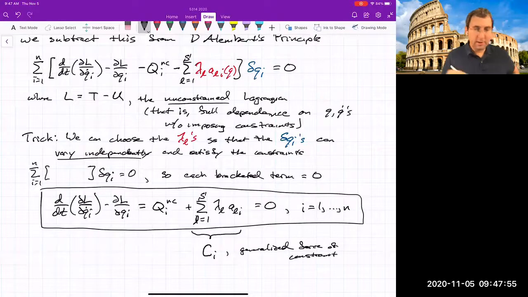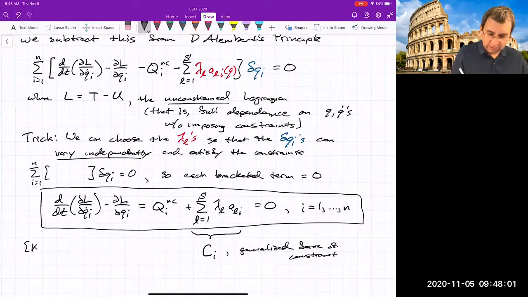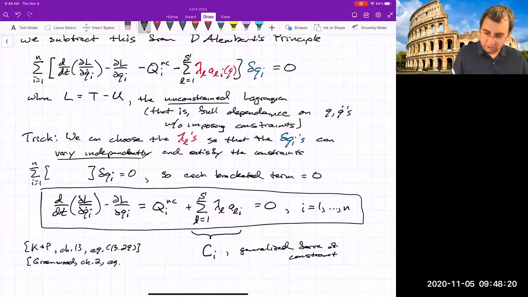If you're wondering where this is, you can see it in two different places: in the Kasdan and Paley book, chapter 13, somewhere near equation 13.29, and in the Greenwood book, which goes into more detail, chapter 2, somewhere near equation 2.52.